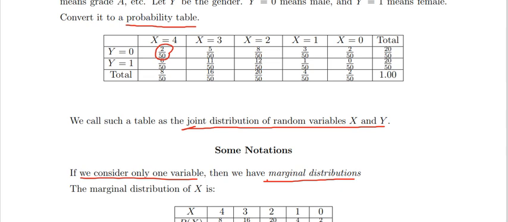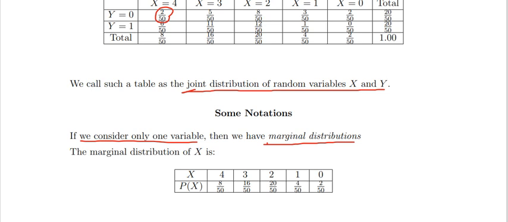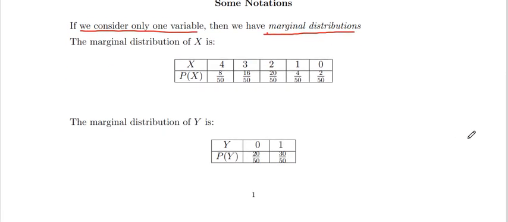Suppose we don't care about male or female, we just check A, B, C, D, E. What is the percentage that got A or got B? The number that got A is 8 over 50. Among 50, 8 students got grade A. So that's the marginal distribution of X. And here, the marginal distribution for Y, we don't care about grades, we just care about gender, Y equals 0 or Y equals 1, right?